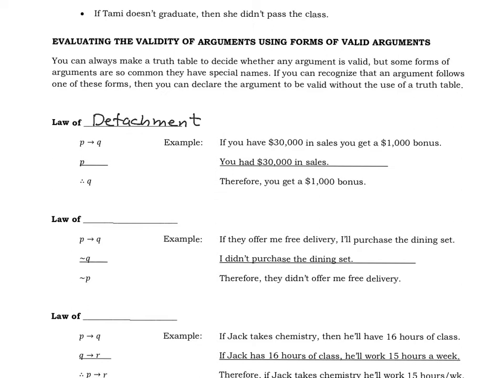So if you have $30,000 in sales, you get a $1,000 bonus. Let's say then that you had $30,000 in sales, then it would make sense that you got $1,000 in bonus. So, law of detachment.